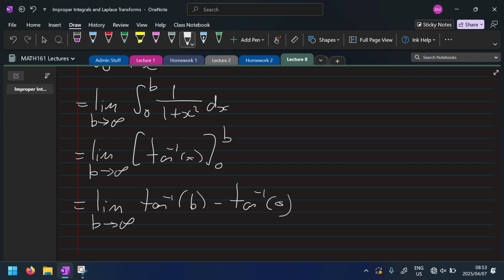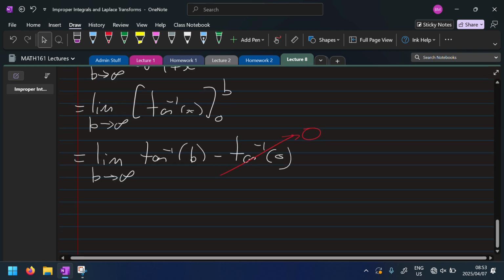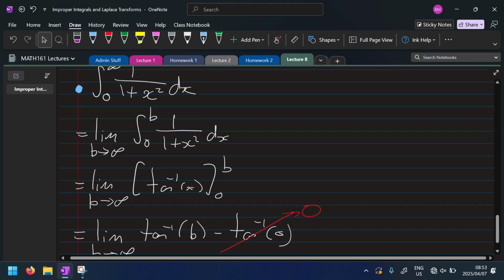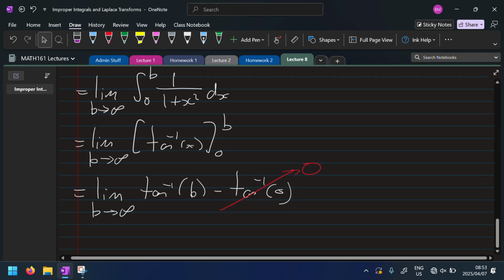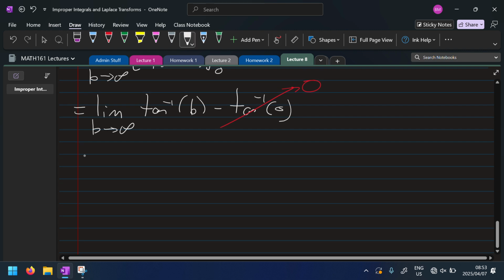Okay, so tan inverse of 0, that comes second now. Same as before, tan of 0 is 0, so tan inverse of 0 is also 0. So that goes away. And then tan inverse of b, when b goes to infinity, we just go back to our picture here. So that's tan inverse. When b goes to infinity, we end up at pi over 2. So this will be pi over 2.